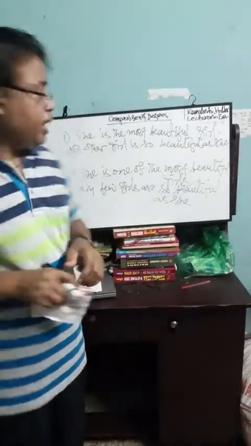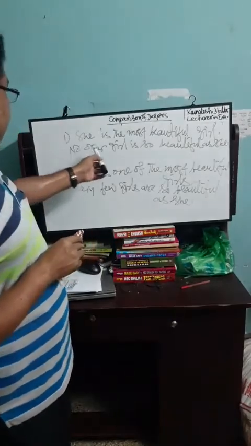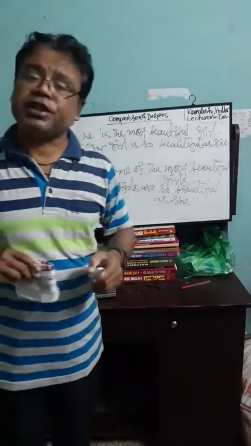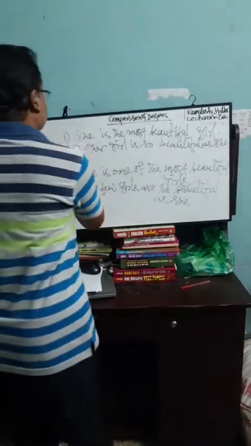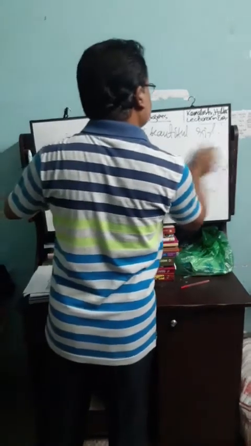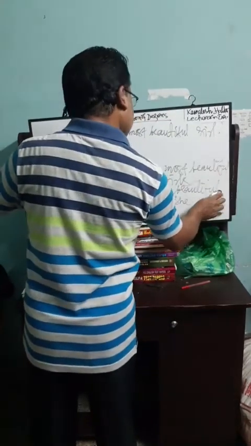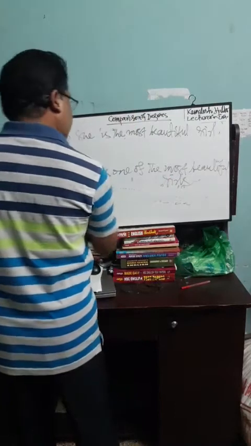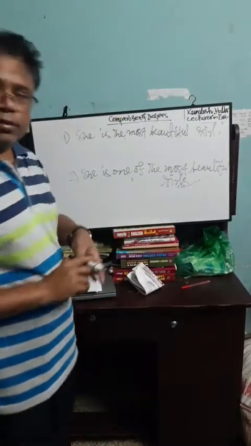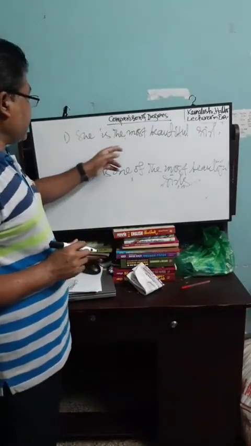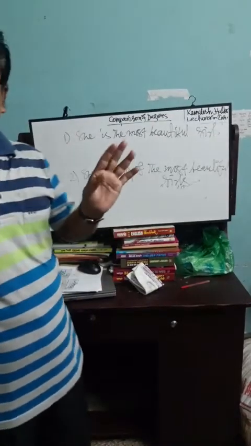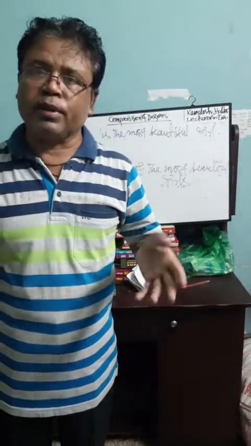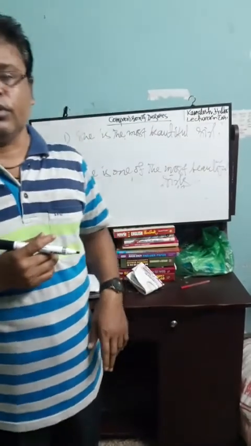Next, if you want to change these superlative sentences into comparative, what will you do? Nothing. It's a very simple matter. Follow me. She is the most beautiful girl. Here, no word will be put before.